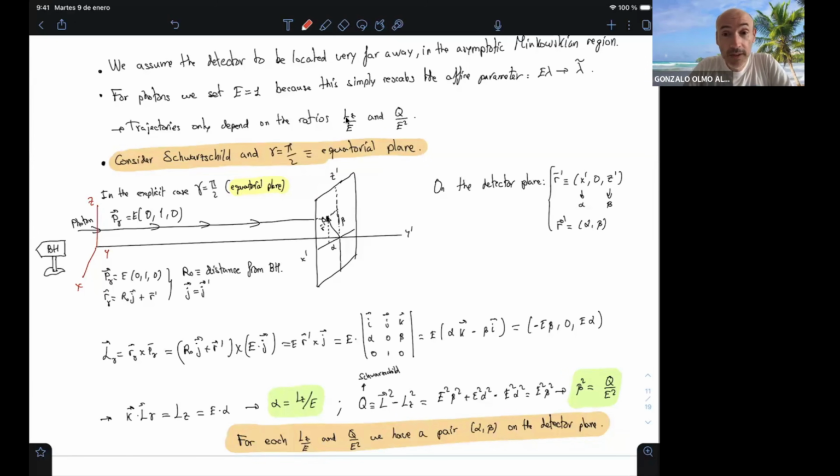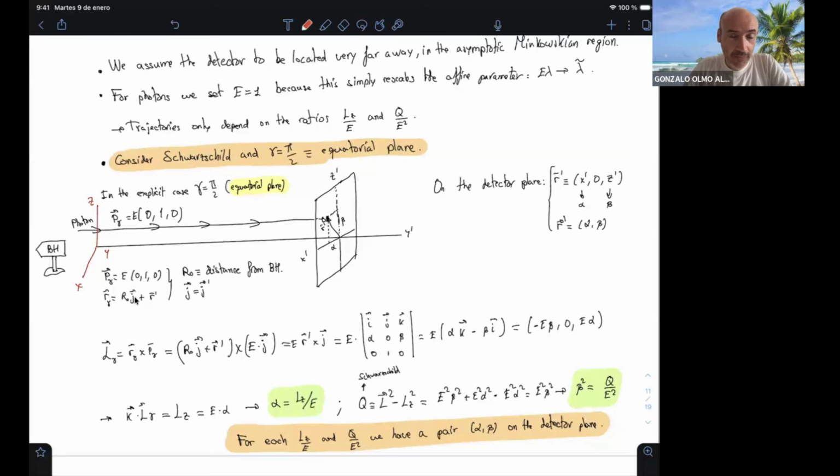Since the conserved quantities that we have are related to angular momentum, what we need to do is to compute the angular momentum vector. It is as simple as that. To compute the angular momentum, we just need to use the Newtonian definition. So we need the position vector and the momentum vector. The position vector of a photon that hits here is given by this.